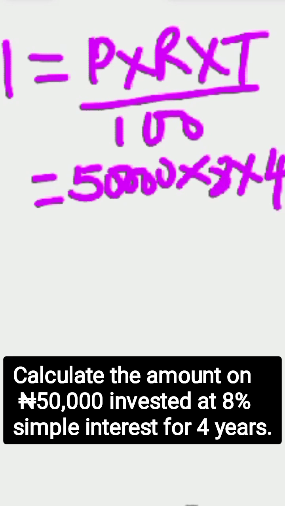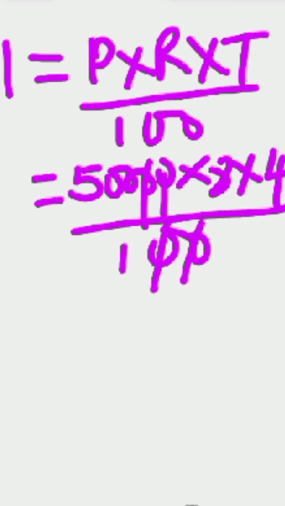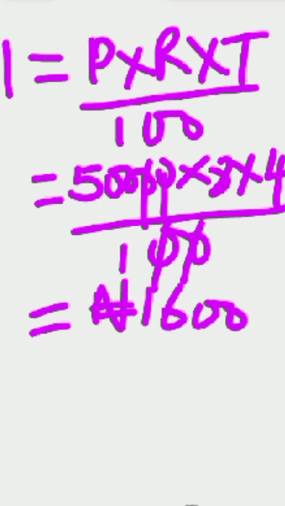So let's solve it. 0 cancels 0, 0 cancels 0. We have 500 times 8 times 4. Pause this video, multiply it, and tell me what you've gotten. Our interest, when you multiply, will give you 16,000 naira. Is that what you got? So that is the simple interest.